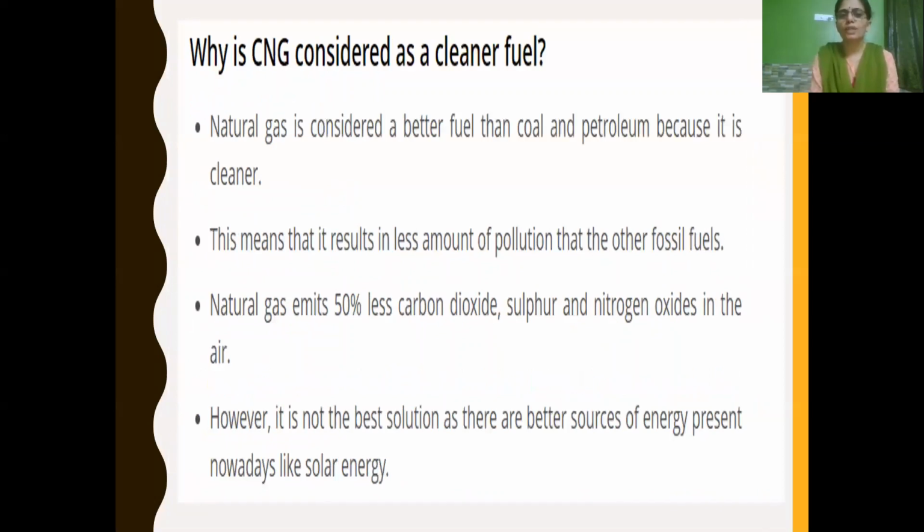Then why is CNG considered a cleaner fuel? Because CNG, that is compressed natural gas, is considered to be a better fuel or cleaner fuel than coal and petroleum because it creates less pollution than other fossil fuels like petrol and diesel.